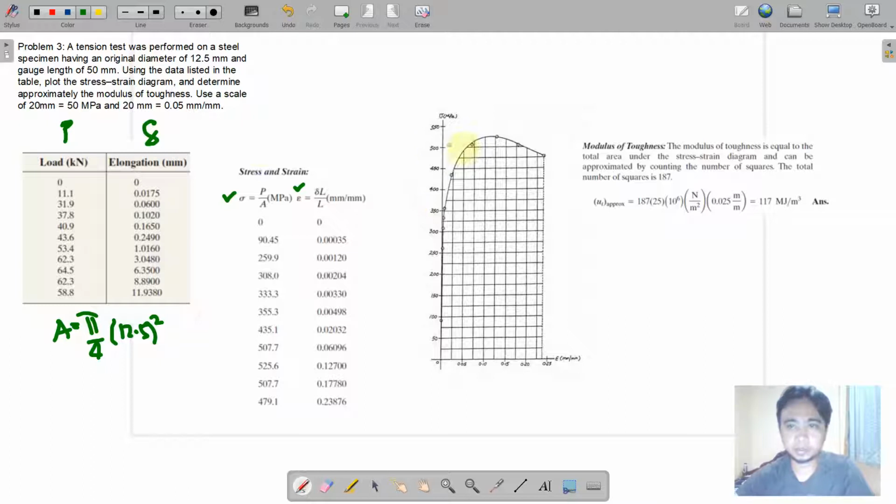So the unknown here is the modulus of toughness. We have learned that the modulus of toughness is the area bounded by the whole curve, below the curve.